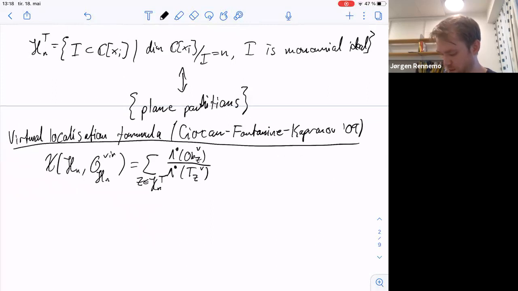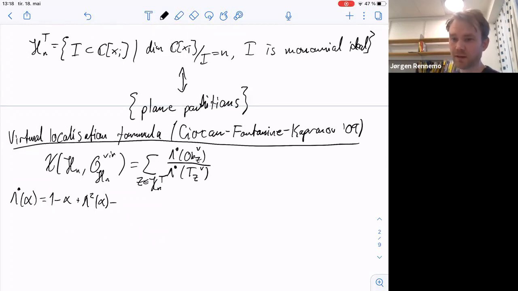Here I use the notation wedge bullet of something is 1 minus the thing plus wedge 2 of the thing, and so on, so the alternating sum of different wedge powers. Okay, so in this case, you get wedge bullet of the dual of x2 iz.